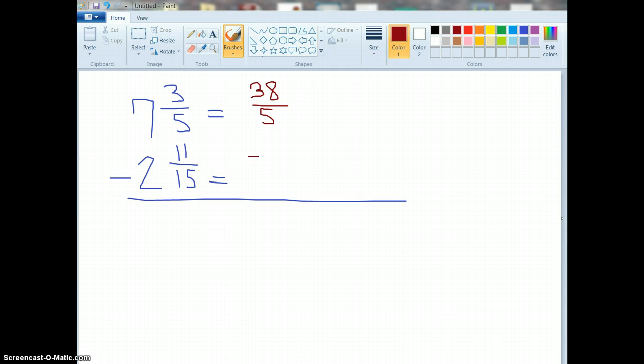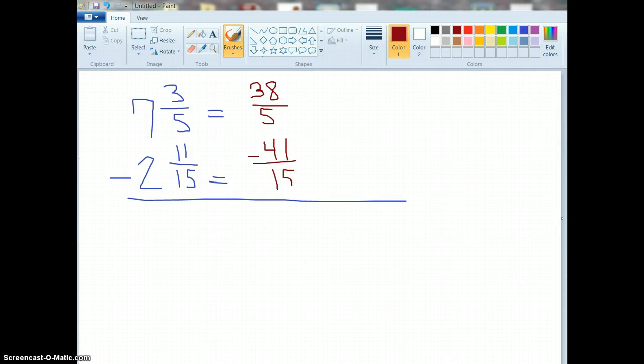And the next one would be 41 over 15. Now the next step hasn't changed.